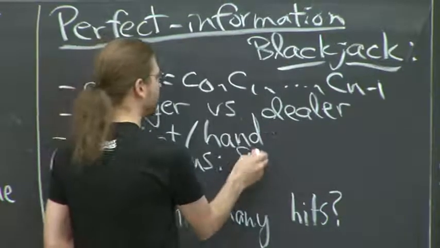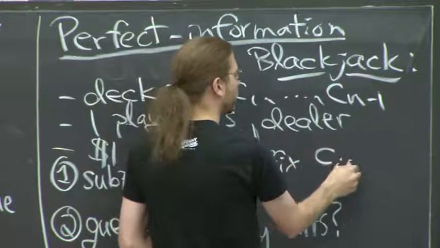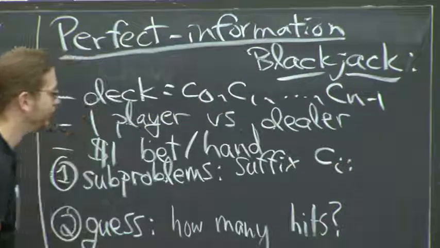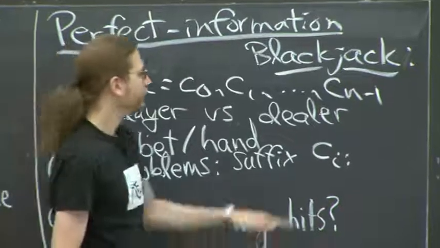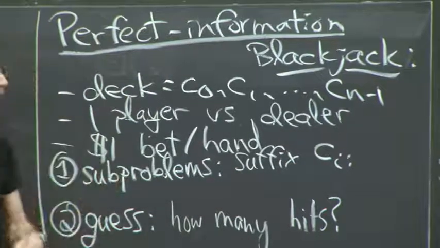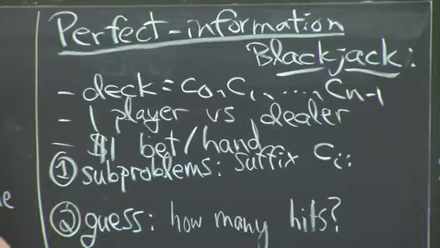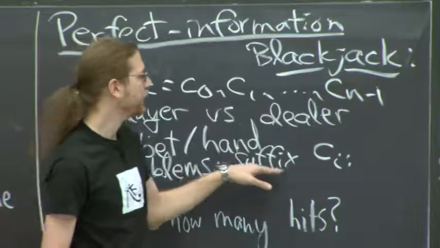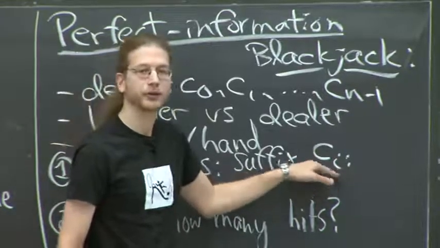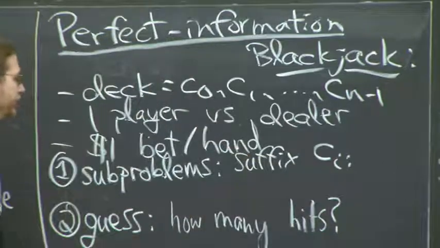So it's going to be the suffix c i colon, I guess would be the notation here. It's a bit awkward. These are the cards that remain. And so the subproblem is, what is the best play? What's the best outcome given $1 bets? How much money can I make? Maximize my winnings, say, given these cards onward. Who knows what happened to the earlier cards? But just these are the cards I'm left with.